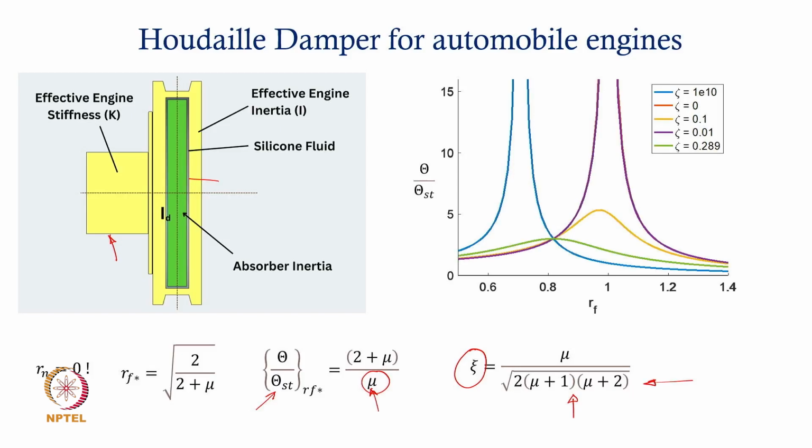Once you use optimum zeta, this is how the response would look. If you put a cap on the maximum torsional deflection that you are allowing, mu gets finalized and the zeta can be finalized, so that you get a curve like this. And now you can see that at no other point are the amplitudes beyond this particular limit, right? So that's the way to design the damper.